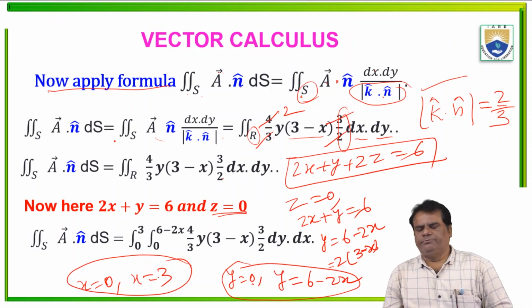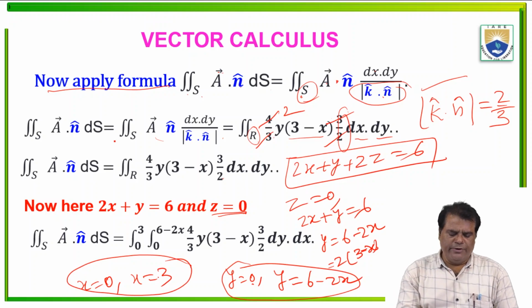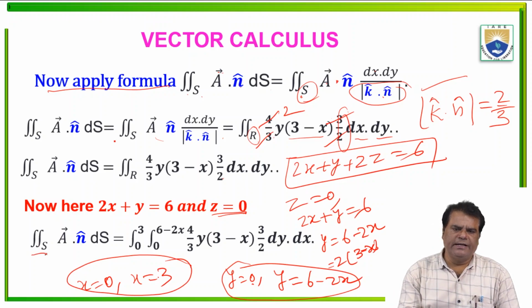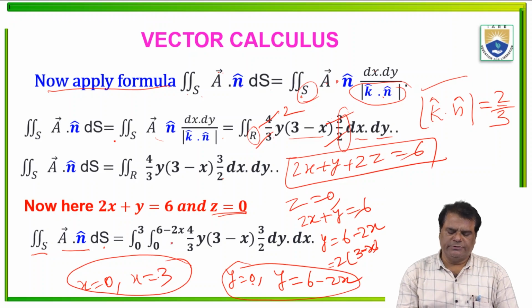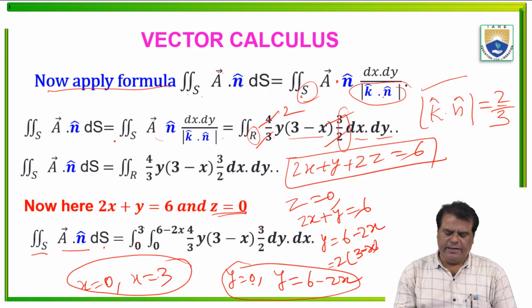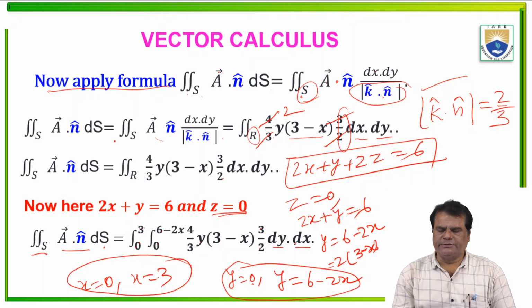And z is 0. So now here double integration over s of A dot n ds, we have the value from here. Now this double integration, limit 0 to 3, limit 0 to 6 minus 2x, of 4y 3 minus x, 3y by 2 dy dx.